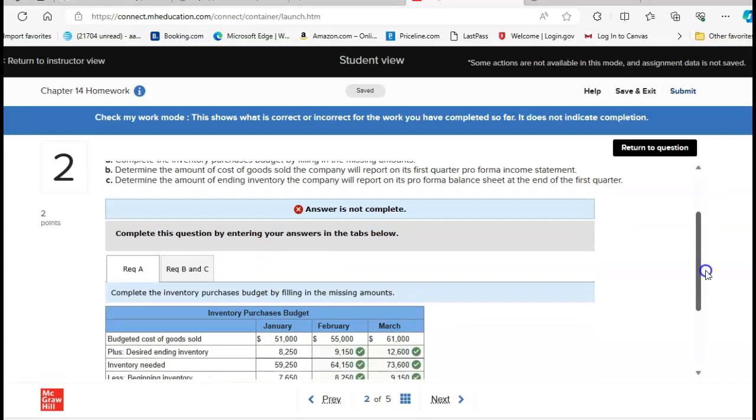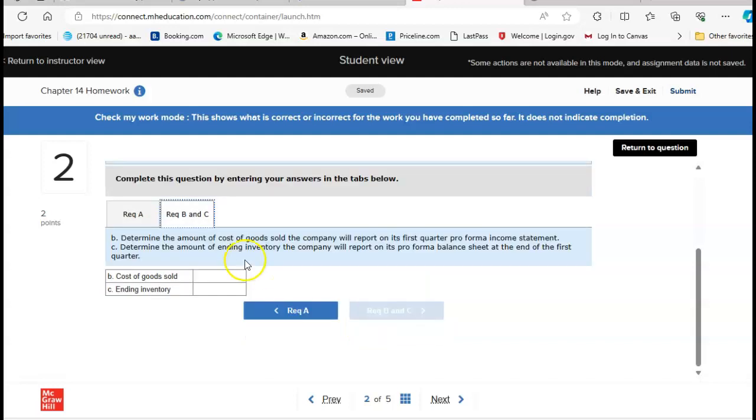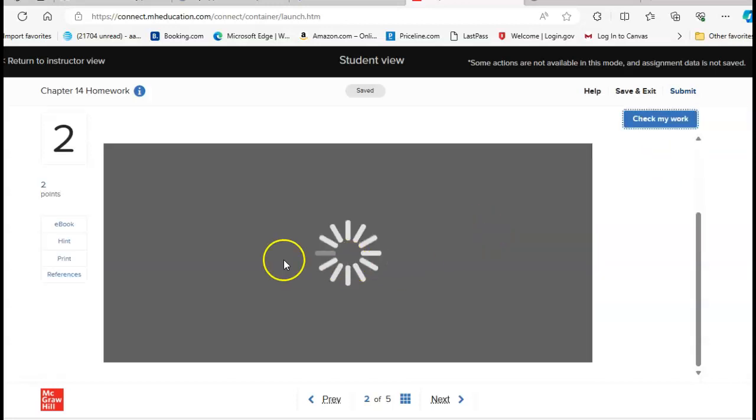Okay, so the cost of goods sold is going to be all three of these amounts added together for the quarter. So 51,000 plus 55,000 plus 61,000. So your cost of goods sold for the quarter will equal 167,000. That's the total cost of goods sold for the quarter.